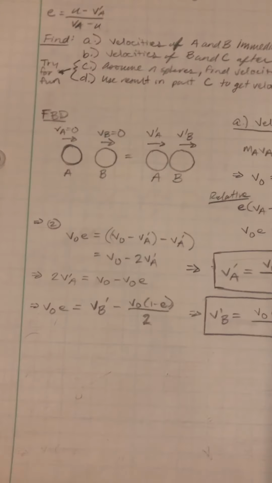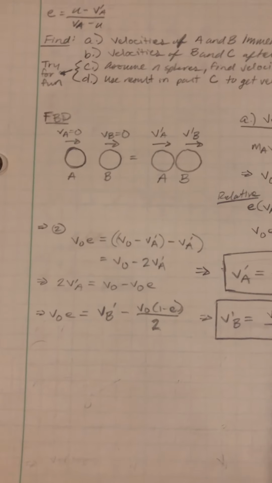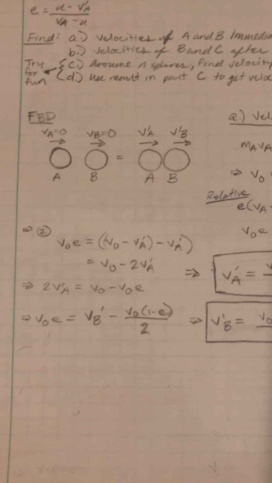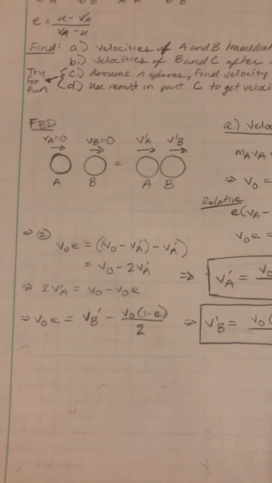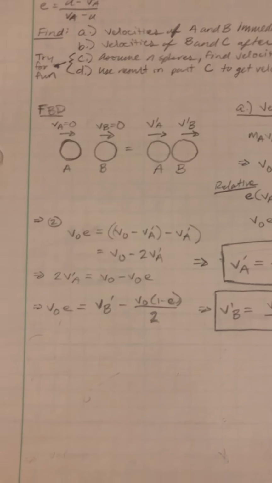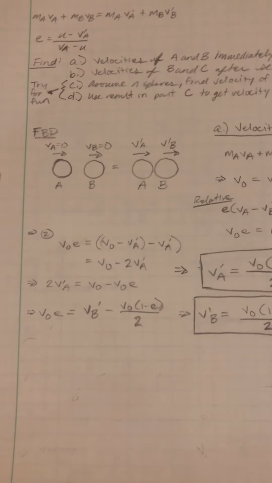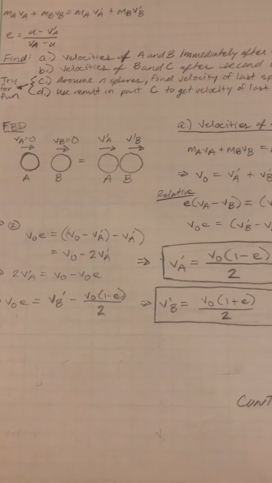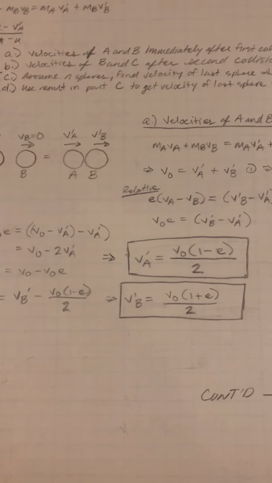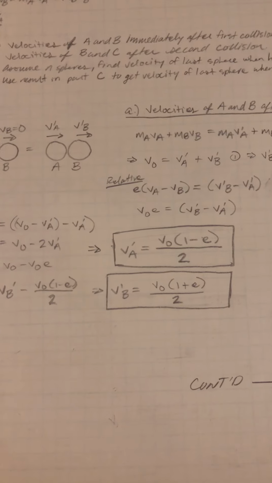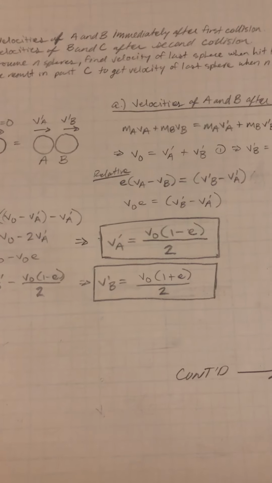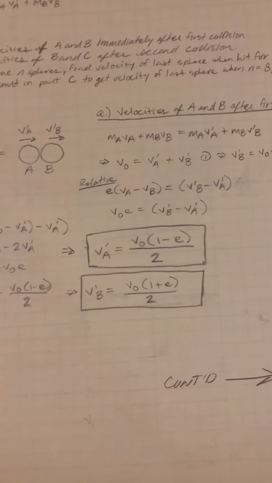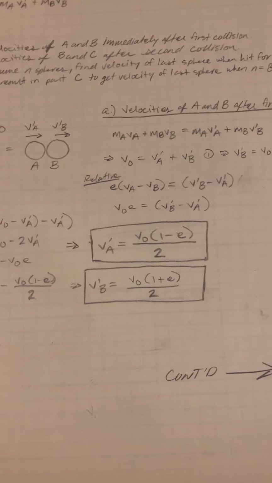From there, we're able to plug a manipulated version of our first equation into the second relative equation in order to find V prime of A, which is equal to V naught times 1 minus E, the coefficient of restitution, divided by 2.